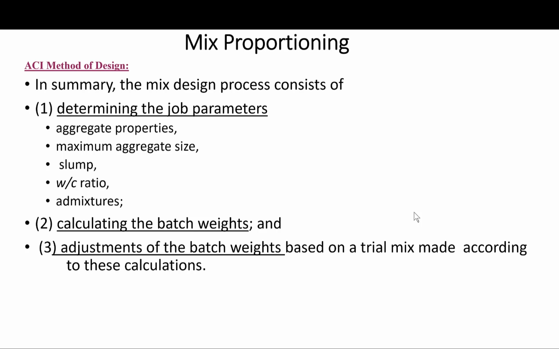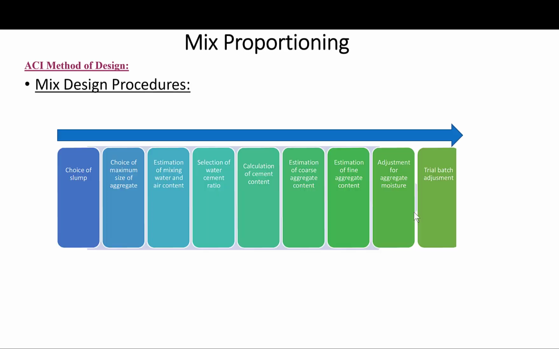Second, calculating the batch weights. And third, adjusting the batch weights based on a trial mix made according to these calculations. Here is a schematic of the mix design procedure or steps you need to follow.